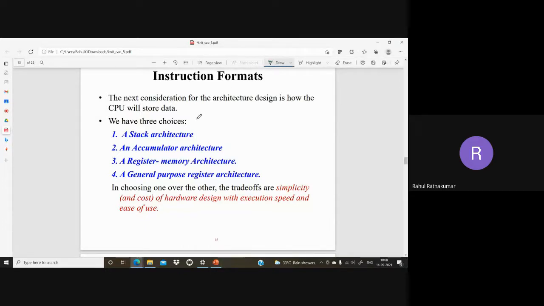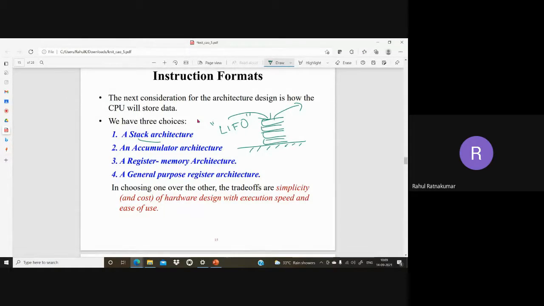You have heard of a stack of books, a stack of plates. If I keep a lot of books one over the other, the top book is first out. So it is last in, first out. A memory data structure where storage happens in last in, first out mode is called a stack. This is stack architecture, where my data is stored like this.